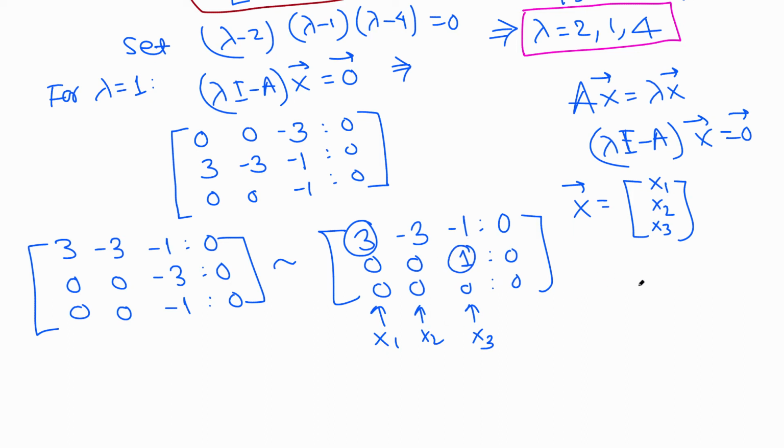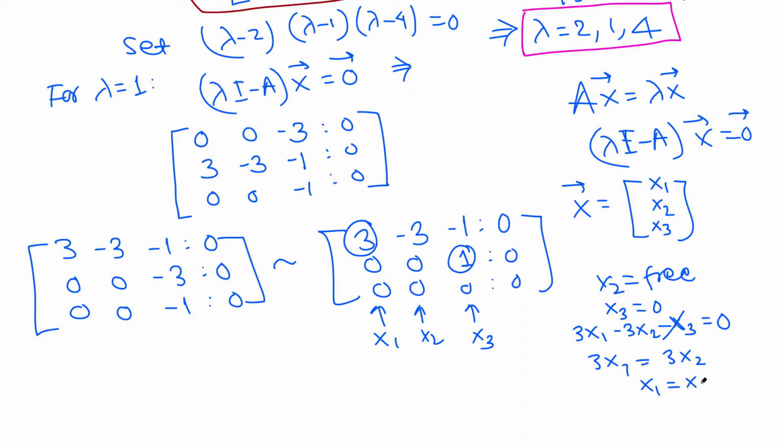So let's solve this. x2 is free, and from this one we get x3 is 0, and from the first row we get 3x1 minus 3x2 minus x3 equals 0, but x3 is 0, so this is gone, and x2 is free, so 3x1 is, move this over, 3x2. Now we divide by 3, we get x1 is x2, and x2 is any real number.